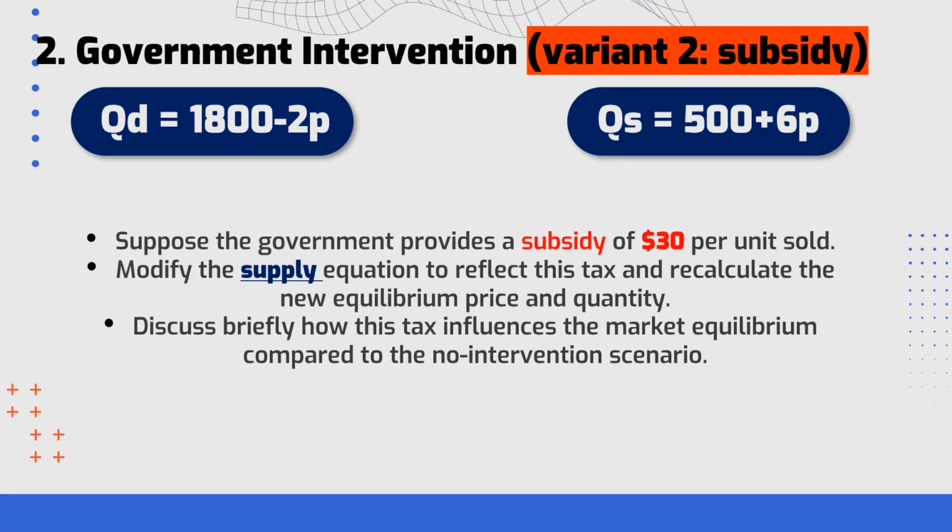So the second type of state intervention can be in the form of the subsidy. These interventions can be attributed to the fiscal policy of the state. In this scenario, the state provides a subsidy. It motivates the smartphone producers because, for instance, these smartphones are of local domestic production and the producer should be rewarded.